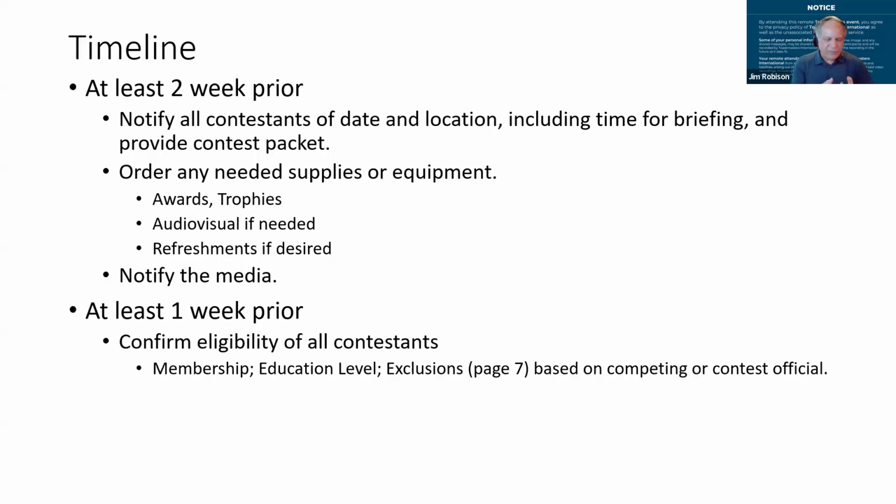For example, if they are a district officer, or if they served as a contest official or competed in a different contest for the same type this same year. For example, if someone went to another club and served as a judge at their speech contest, that makes them ineligible to be a contestant in your speech contest because they already served as a judge in another speech contest.